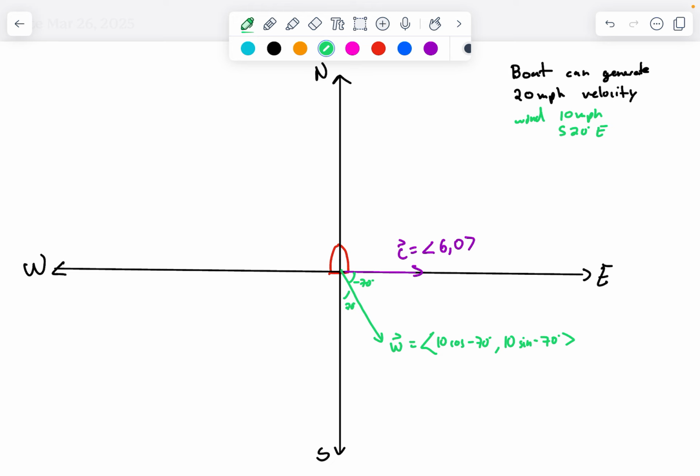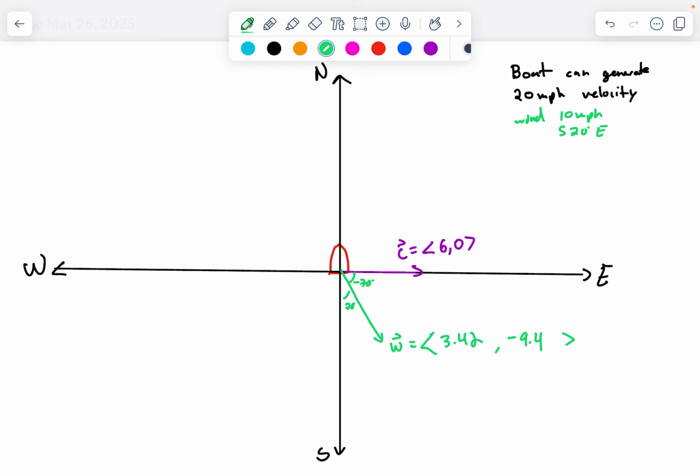I'm seeing that it's about 3.42. And I am going to do 10 sine of negative 70, which is obviously a negative value, equal to about, we'll just call it negative 9.4. Okay, great. I've got current, I've got wind.